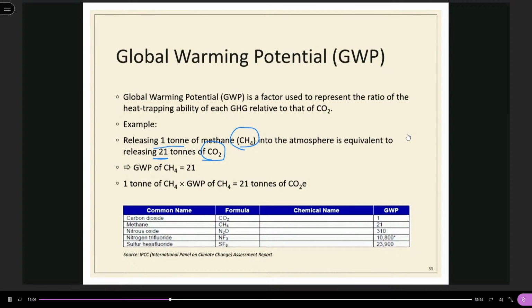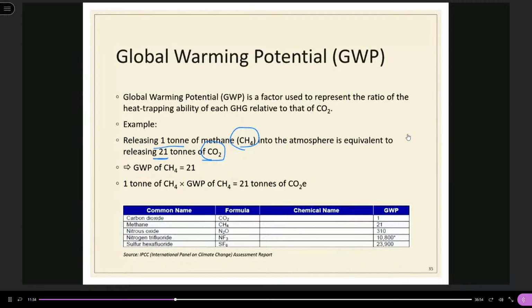I want you to think about that. Here it says that releasing 1 ton of methane into the atmosphere is equivalent to releasing 21 tons of carbon dioxide. So which gas has higher heat trapping ability? Methane or carbon dioxide?